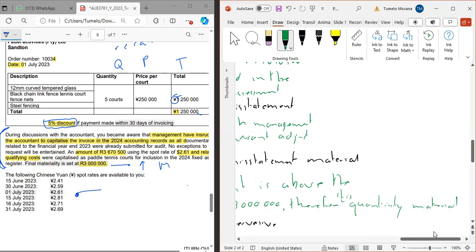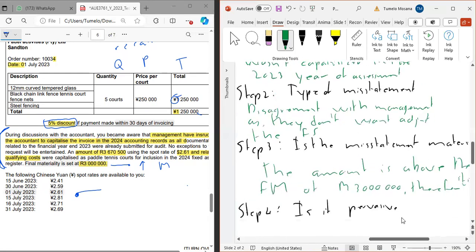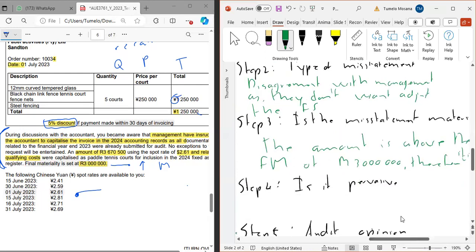Is it pervasive? No, it is not pervasive, because it does not relate to the majority of the line items. Let me read the question in the chat box. In step 2, is it okay to say it is a judgment type of misstatement?